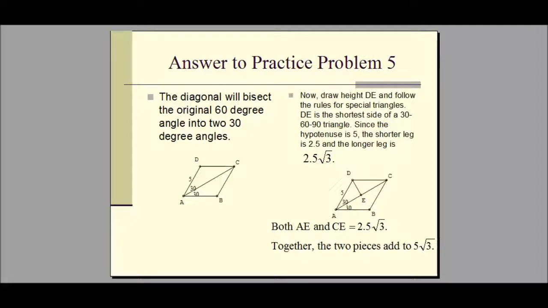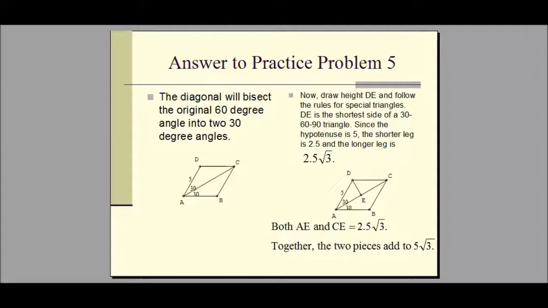Here's the answer to practice problem 5. The answer is 5 square root of 3, but let's examine how we got to it. Look at the figure on the left. The diagonal AC will bisect the original 60-degree angle into two 30-degree angles. Now draw height DE, and that's shown in the diagram on the right below, and follow the rules for special triangles.